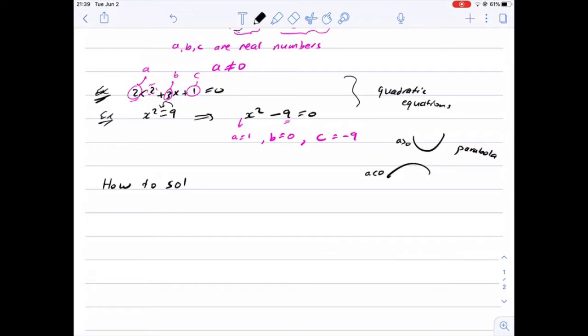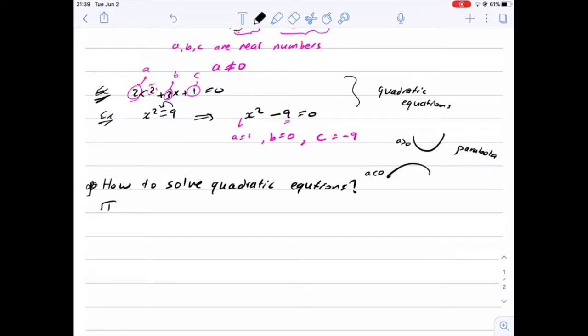Now, how to solve quadratic equations? In this section, we have 3 main methods to solve quadratic equations.